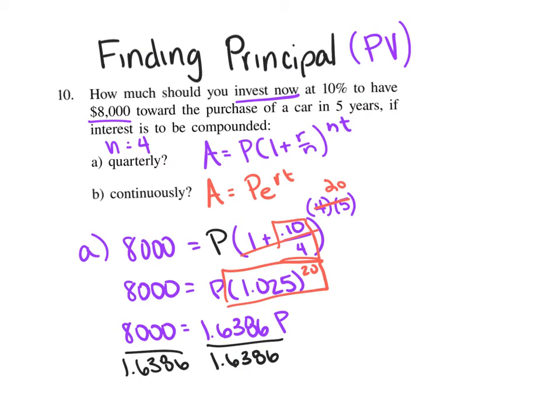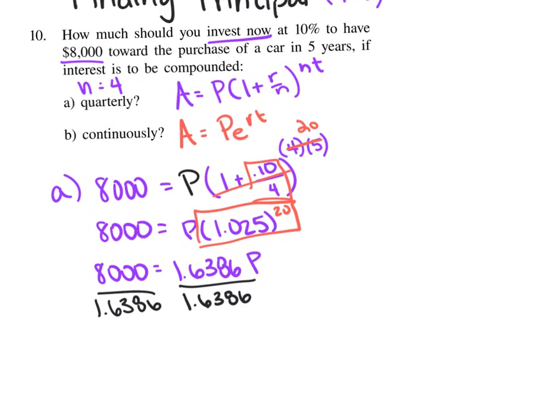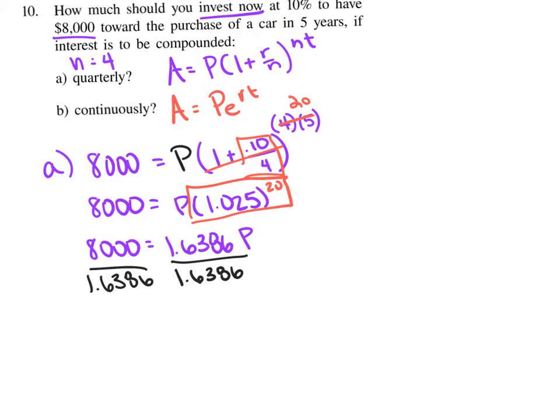So I'm going to do 8,000 divided by this number in my calculator. And I get this value here. The principal, P, is equal to $4,882.17. So that's what we get from the compounding.